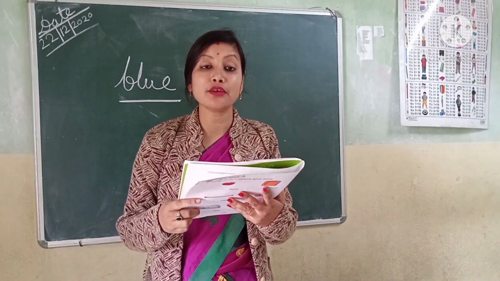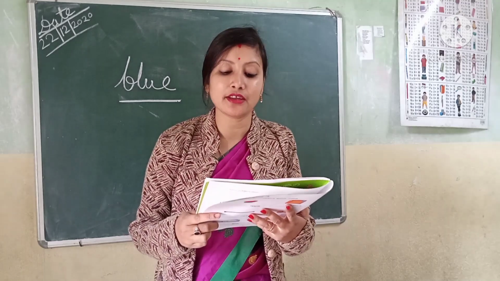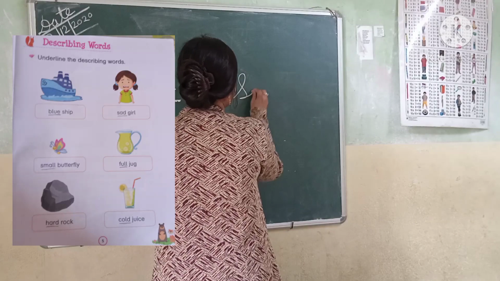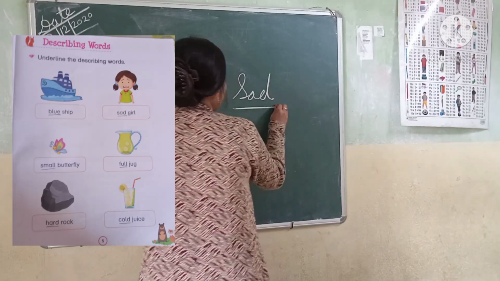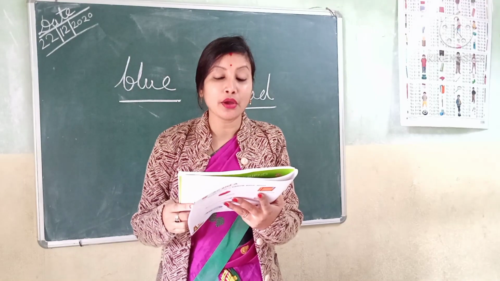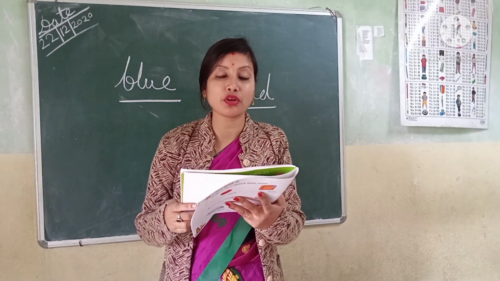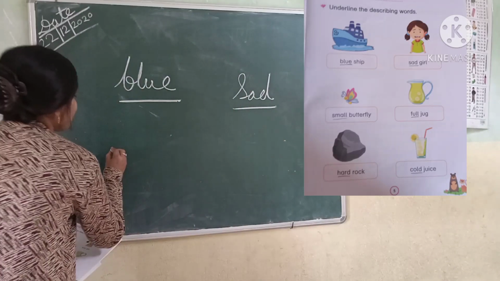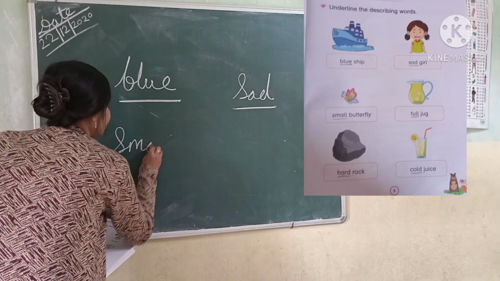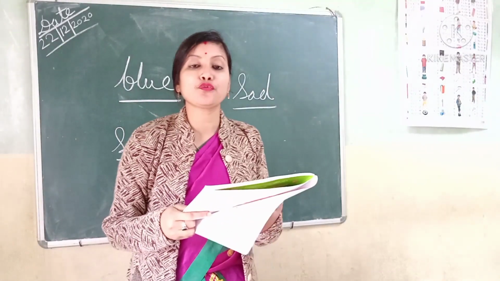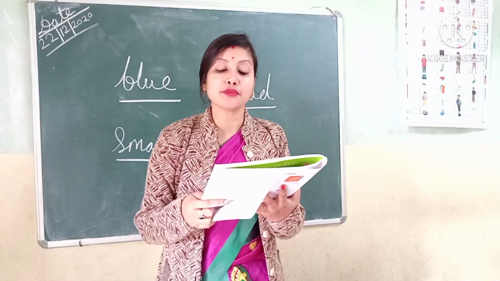Second one is sad girl. The word sad describes the girl. The girl is sad. It means sad is the describing word. Underline it. Next one is a small butterfly. The butterfly is small. Small is the describing word. Next one is full jug. The jug is full.